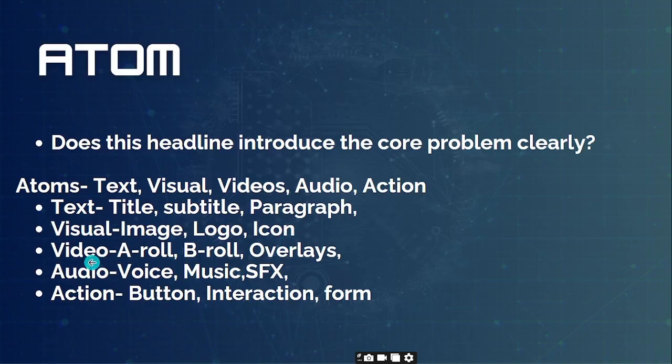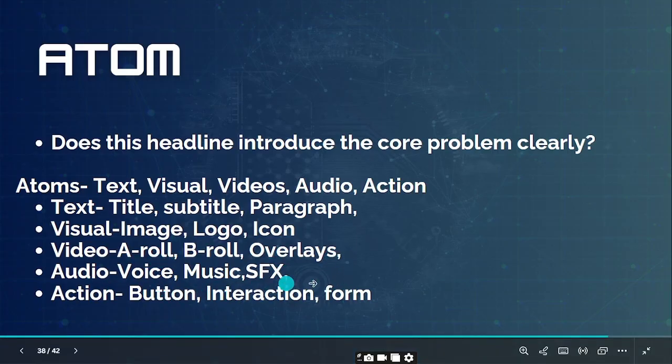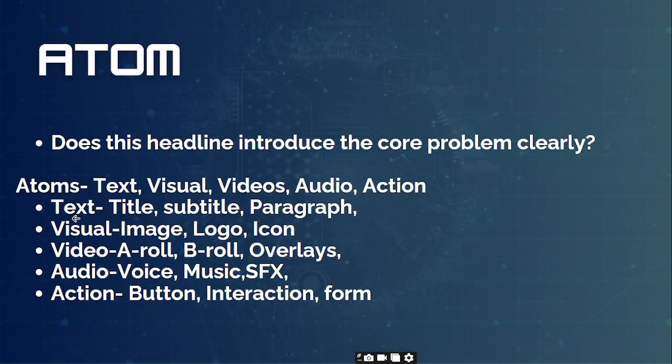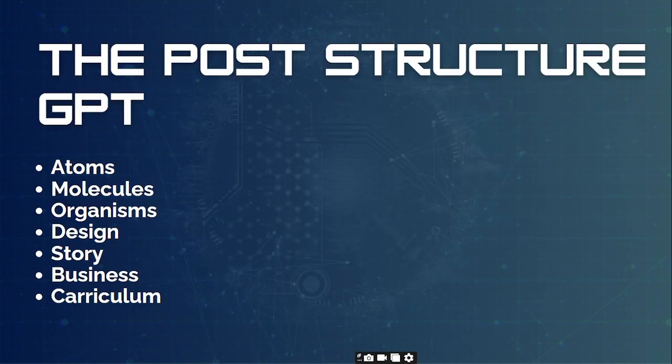In the third step, you should have a video: A-roll, B-roll, or overlay. Audio, again, the voice, the music, or SFX. Action: the button, interaction, form. So this is the very first step you should be taking when you're making a post for any social media platform.